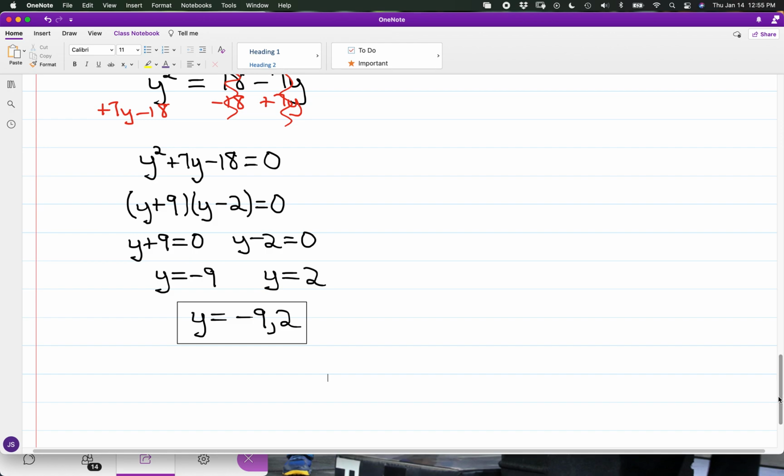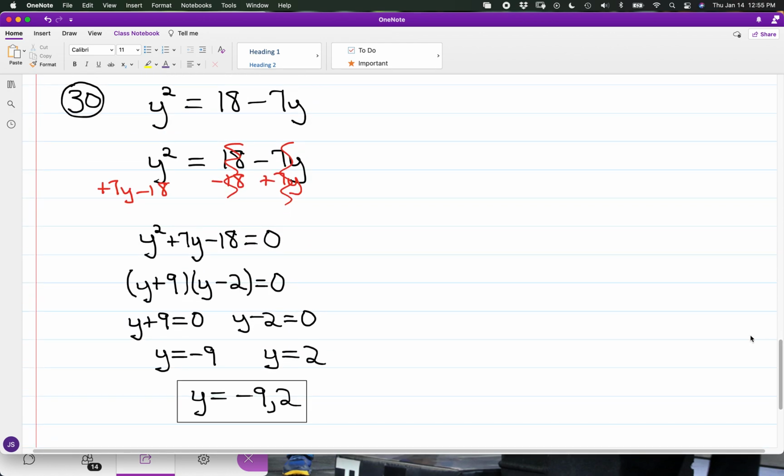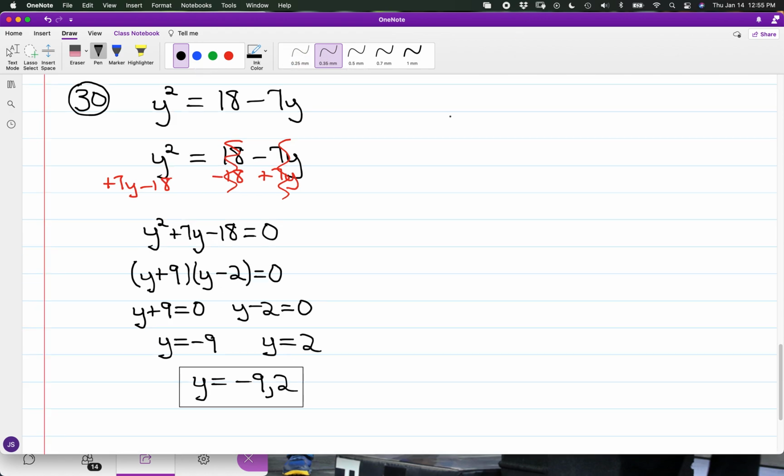Right. Now, still utilizing the zero product property, for number 34 we have z squared is equal to 25z.